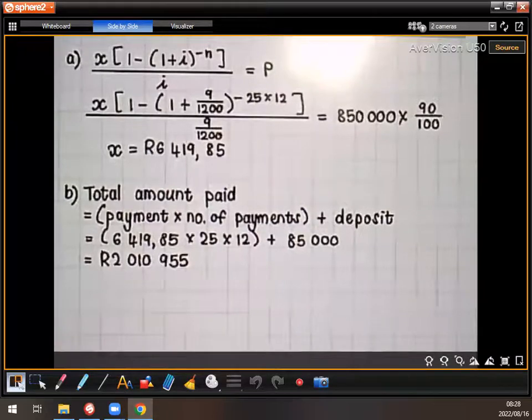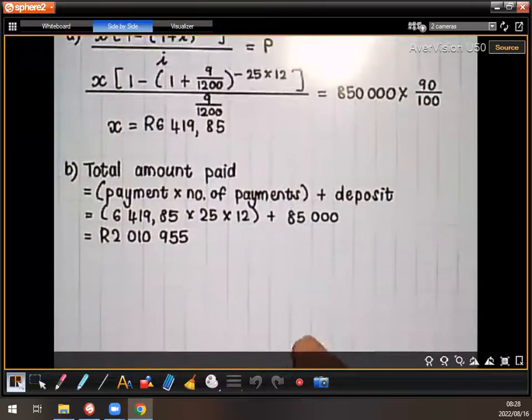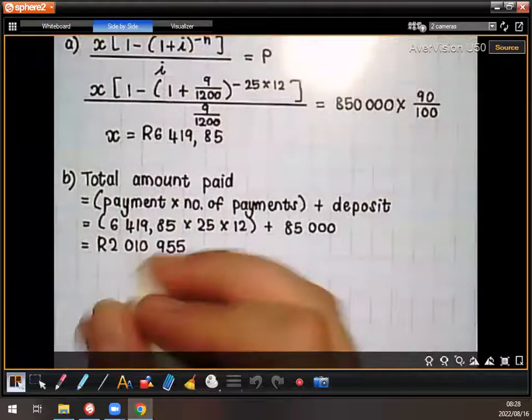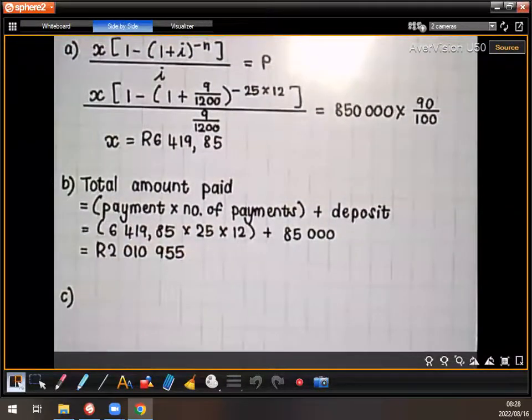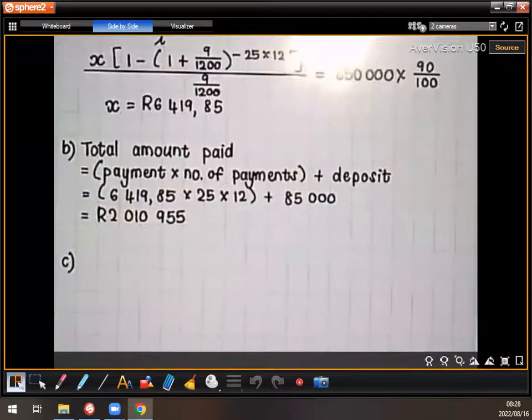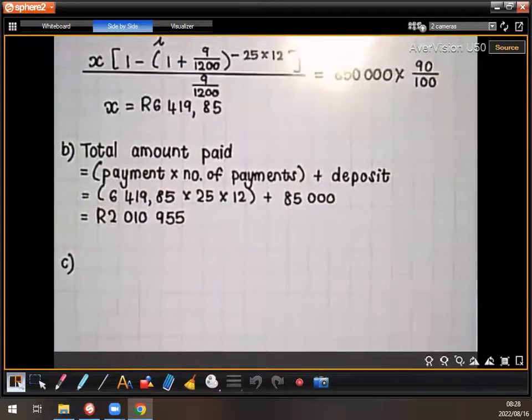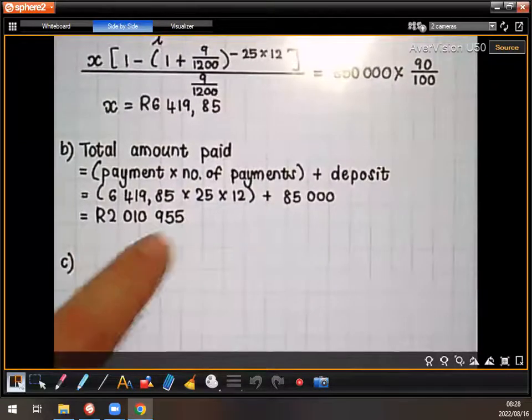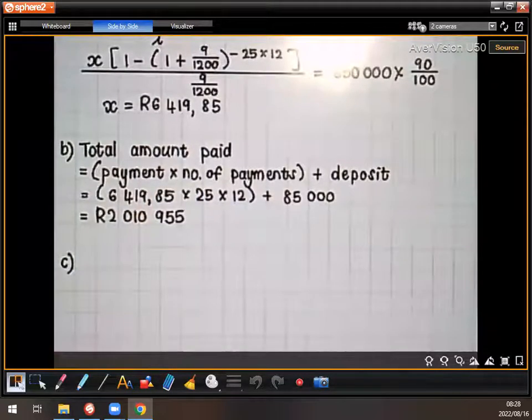Now, balance owing. That's just something new. So they're asking us now to calculate the balance owing on the loan at the end of 10 years. So that means after 10 years, you've been paying 6,400 whatever every month for 10 years, and now they're asking us how much does he actually still owe at the end of 10 years.